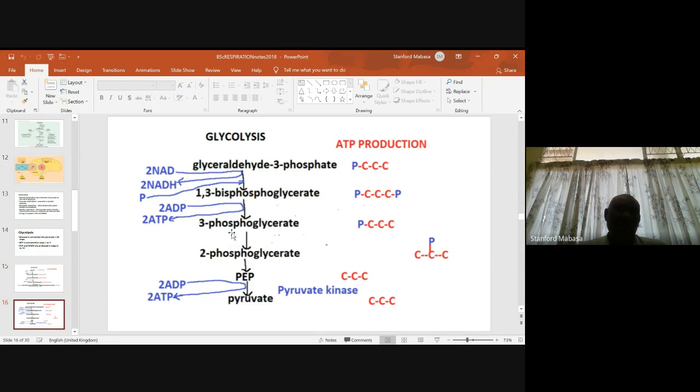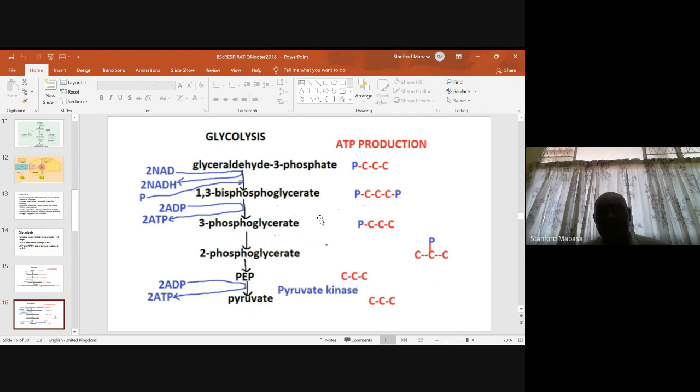Then we produce 2-phosphoglycerate from 3-phosphoglycerate. Then 2-phosphoglycerate will give us PEP. Then from PEP, we get pyruvate. And we have pyruvate kinase, which changes this step.